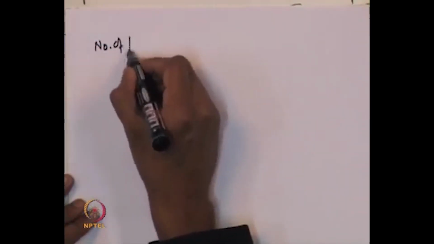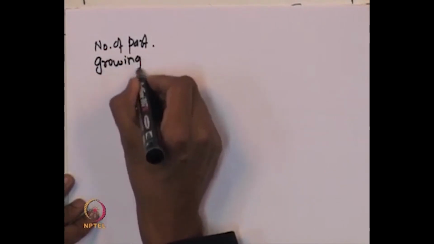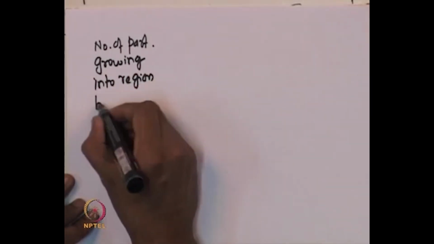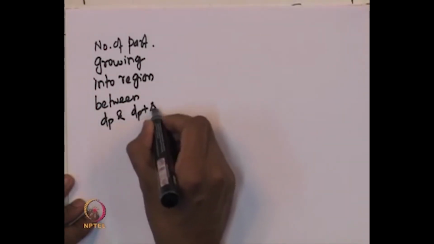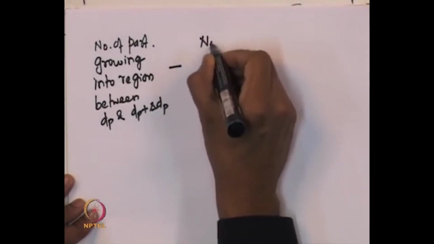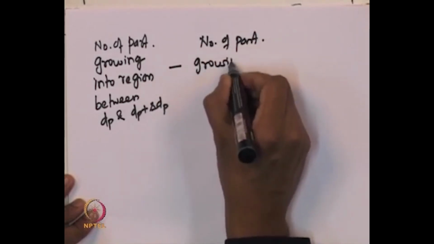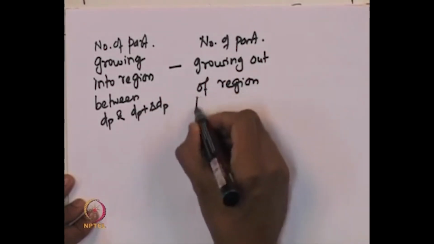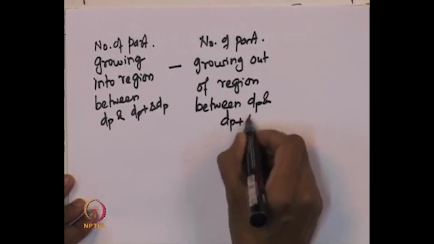So, putting them all together, it will be the number of particles growing into the region between dp and dp plus delta dp, minus the number of particles growing out of the region between dp and dp plus delta dp.